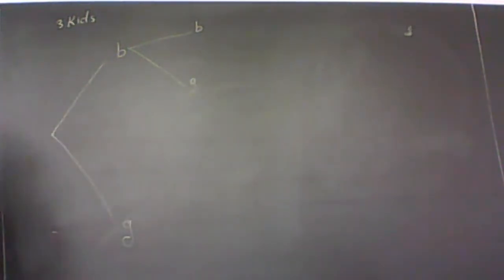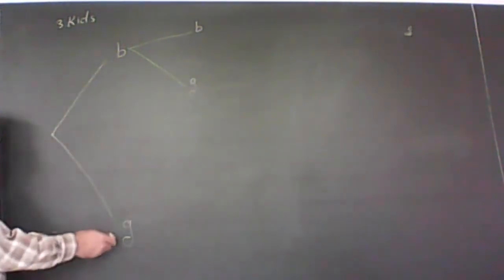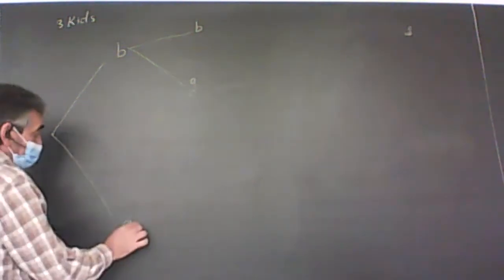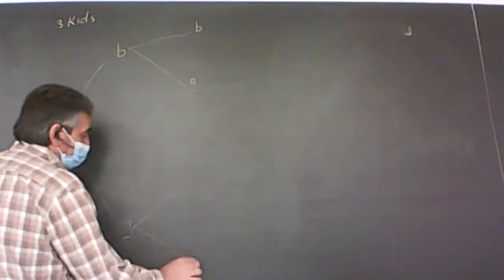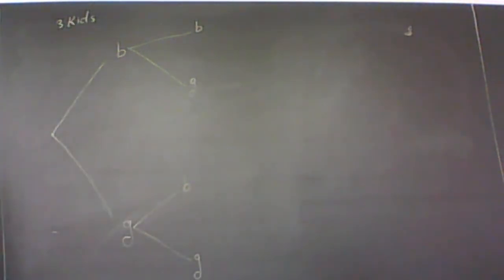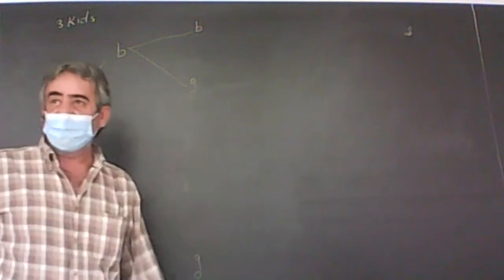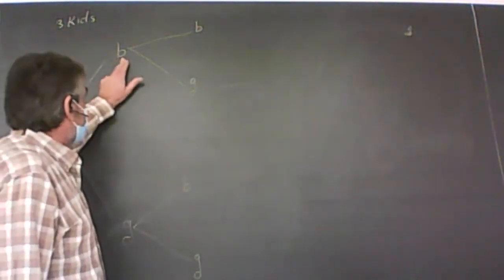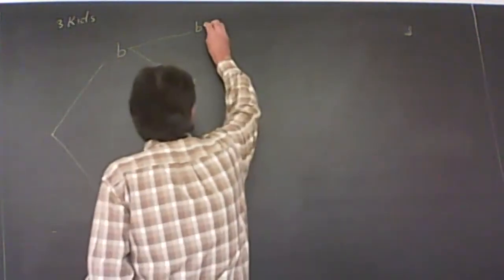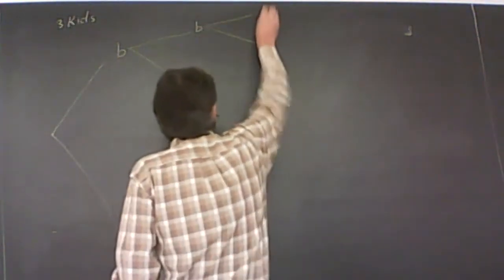But if the first child was a girl, the second child could also be a boy or a girl. So now this is child number two. To go to child number three, if the first child was a boy and the second child was a boy, then the third child could also be a boy or a girl.